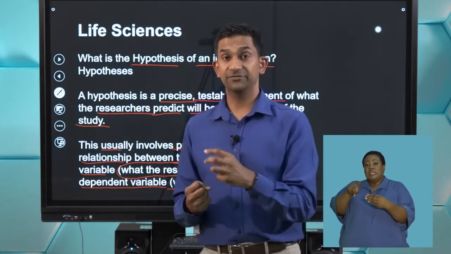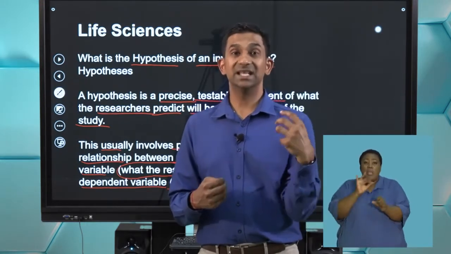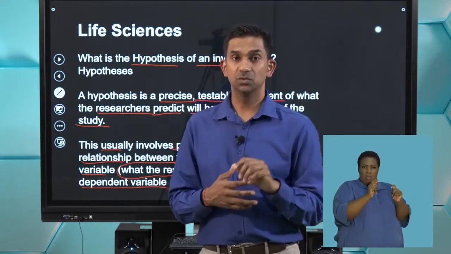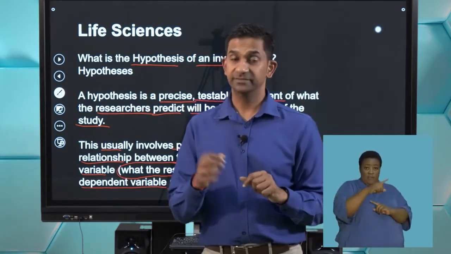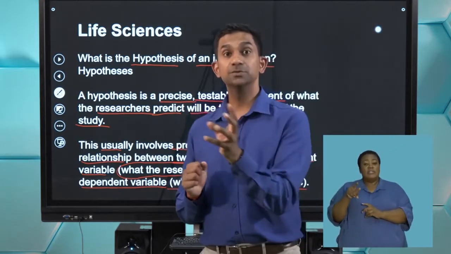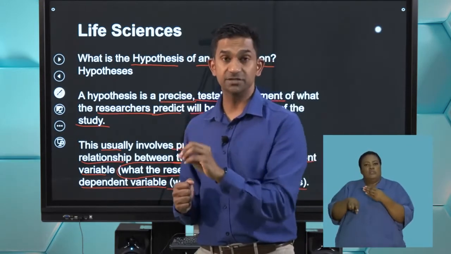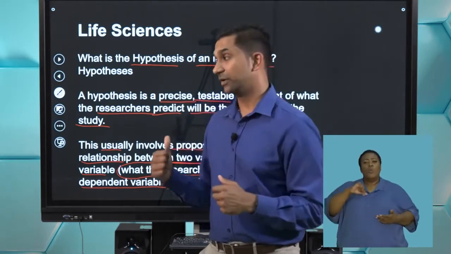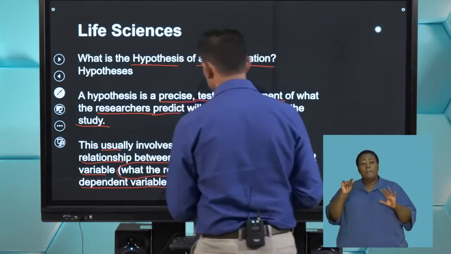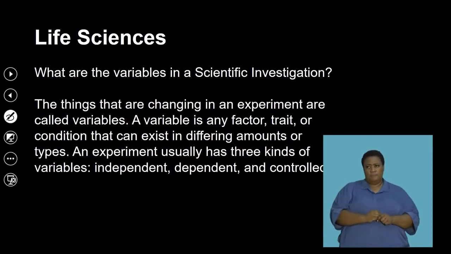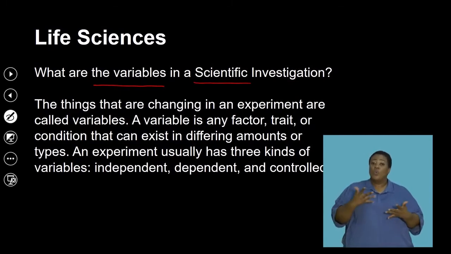And they tell us if there's an effect or an impact of manipulating the independent variable. So the dependent variable is often what you measure that helps you to draw a conclusion or an inference. So we've got to know clearly that in our hypothesis we've got to include both the dependent variable and the independent variable. So what are the variables in a scientific investigation?